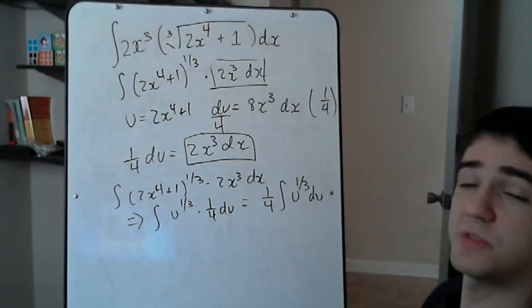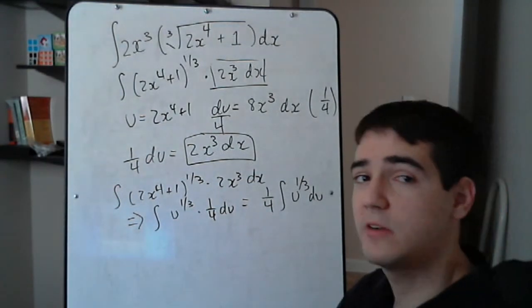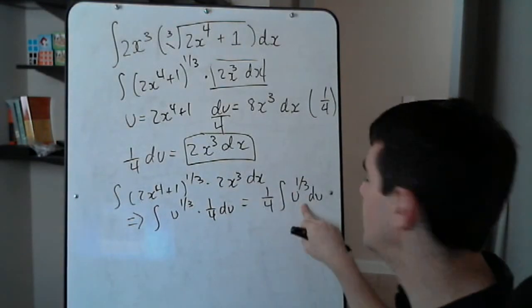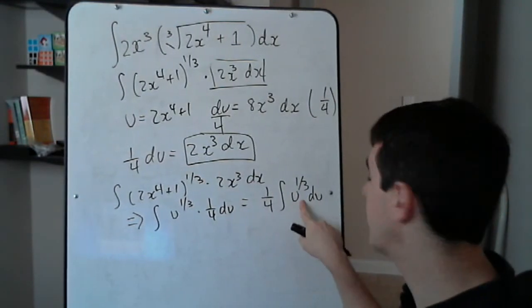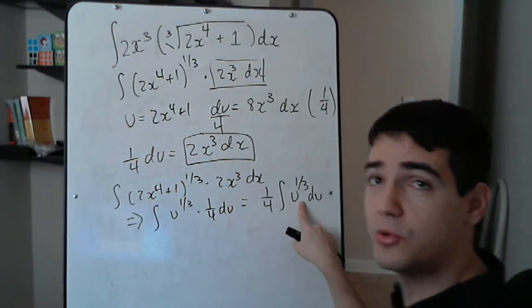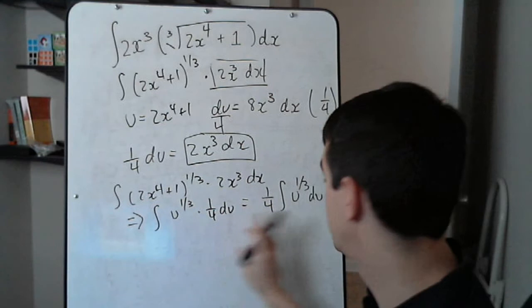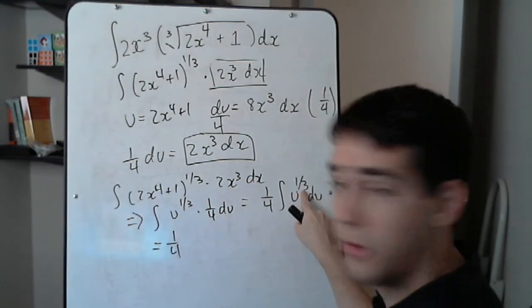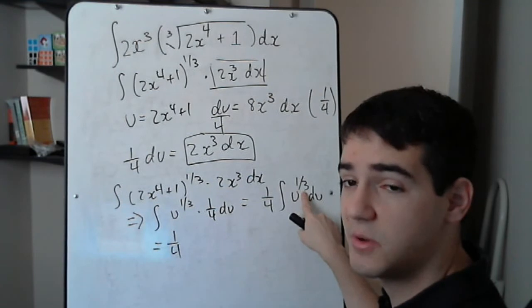Now, unless you want to switch back to integrating a radical, by all means, be my guest. But I almost insist upon you writing them in terms of an exponent, because then you can use that power rule for integration. So what you do is you increase this power by 1 and divide by its new exponent.